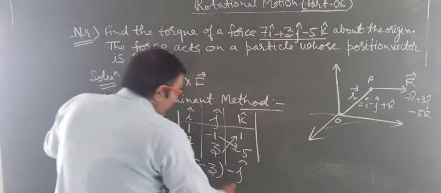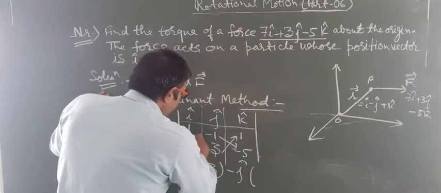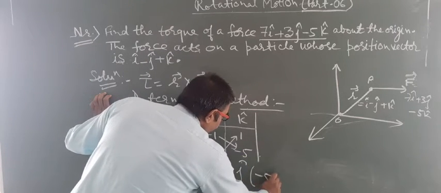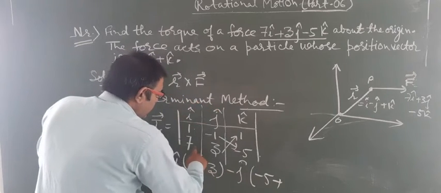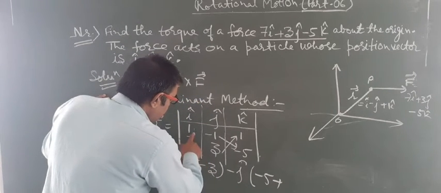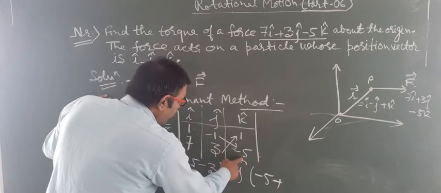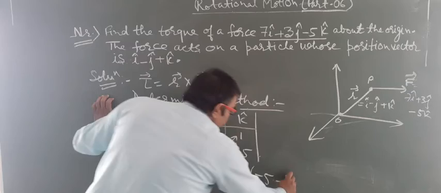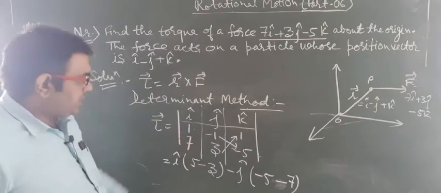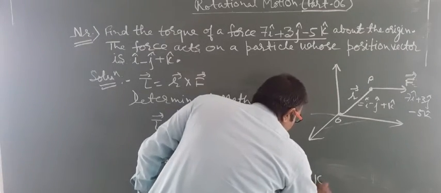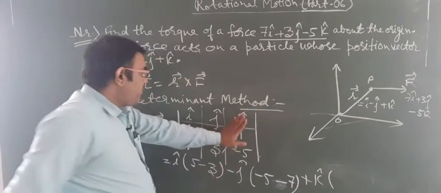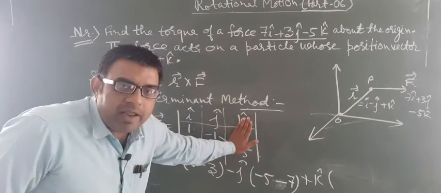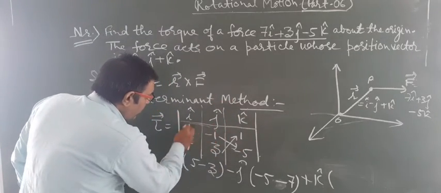So it will be minus j cap, this into this: 1 into minus 5, minus 5, plus 7, and it will be minus 1 into 7, 7, plus k cap. In k cap, this row and this column will be eliminated, and we will treat only this part.